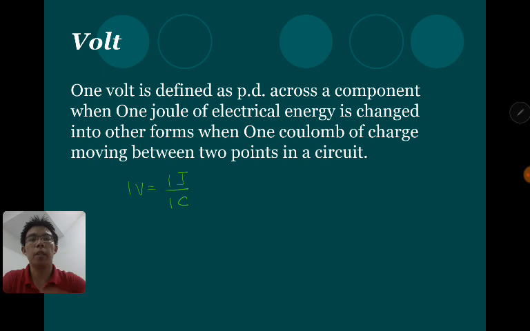That's basically what the text is trying to mention. 1 volt is the PD across the component when 1 joule of electrical energy is changed into other forms when 1 coulomb of charge is moved between the 2 points in the circuit. So it means that volt itself, you can define it as joule per coulomb.